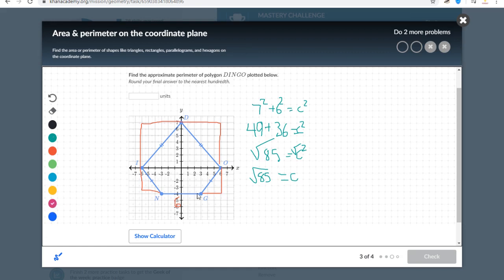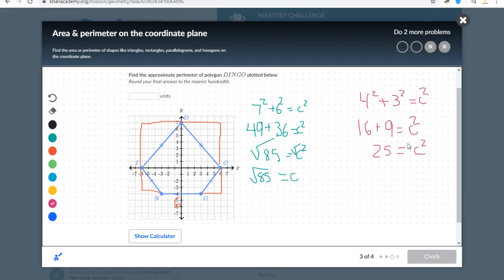Next piece, let's do this part. So we got 4 down and 3 across. This is going to look like 4 squared plus 3 squared equals c squared. So 4 squared is 16 plus 3 squared is 9 equals c squared. 16 plus 9 is going to give us 25.